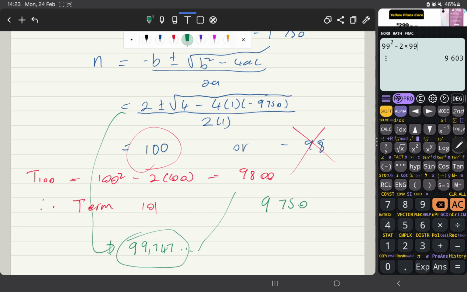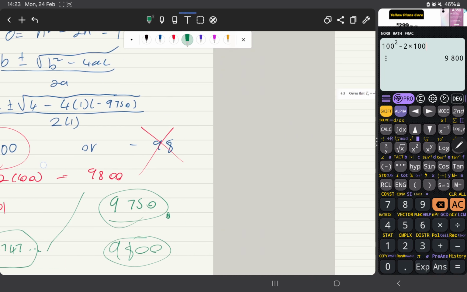You realize that the next value after that, if you just round up, which is 100, is going to be greater than 9,750. So we go here with 100, we go there with 100, you get 9,800, which is the first, the smallest value after this one in our terms. So that's how you do this one.